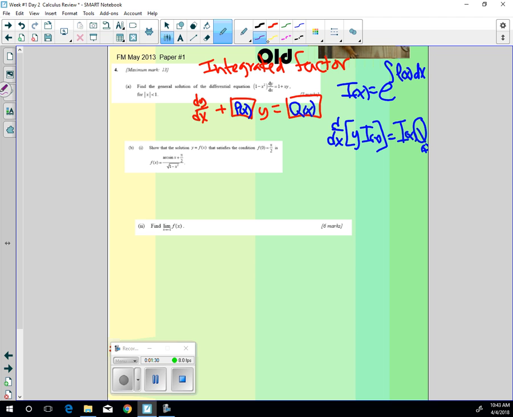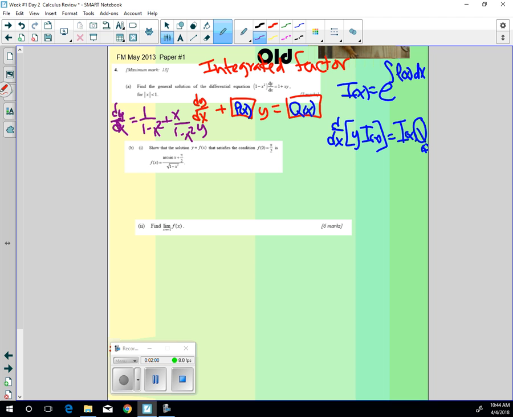So the first thing I'm going to do is divide by 1 minus x squared. So this is going to be 1 over 1 minus x squared. Oh, no, that's not right. Let's do it this way. dy/dx equals 1 over 1 minus x squared plus x over 1 minus x squared times y.